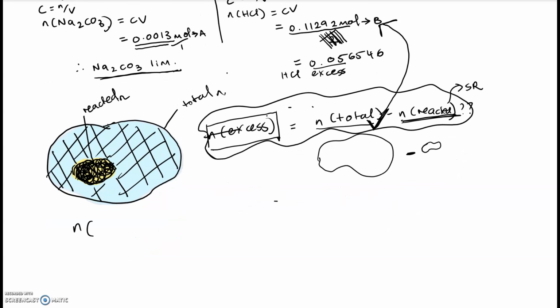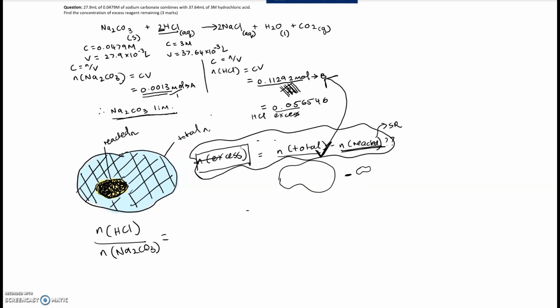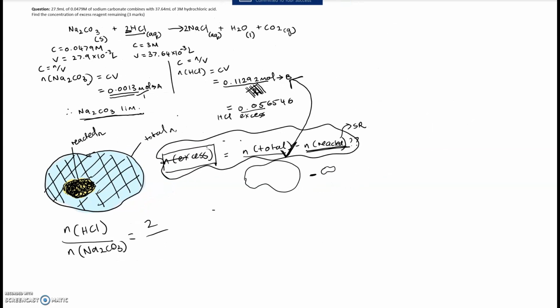So I'm going to apply the stoichiometric ratio where I put what I want, which is the number of moles of the excess reagent HCl, over what I have, which is the number of moles of my limiting reagent sodium carbonate. And when I equate that, in front of HCl, I see a 2. In front of sodium carbonate, I see a 1.